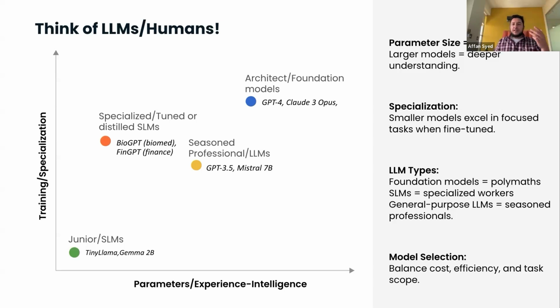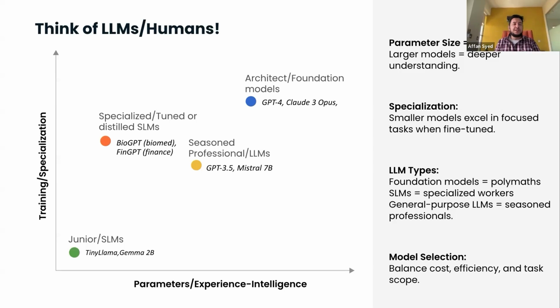But if you specialize or train them in one particular area, those models become specialized or fine-tuned, like a second-year front-end, DevOps, or back-end engineer. You can map those to specialized, distilled, or tuned GPTs like BioGPTs or FinGPTs.